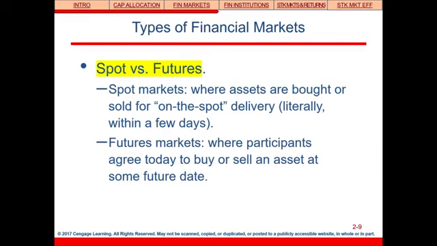But when you make the transaction, when you sign the contract, when you agree on this business, you already know that this transaction is going to be delivered or transferred in the future date, not immediately, not on the spot, right? So you kind of bear in mind that this thing will happen in the future. That's what we call future markets.